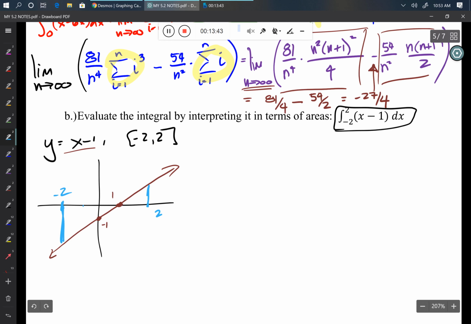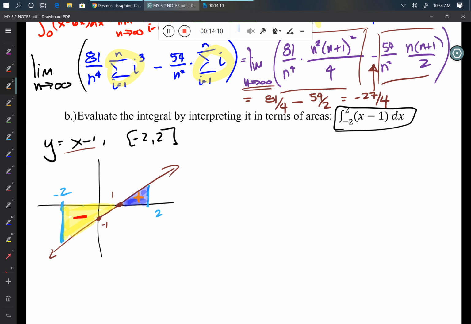And I'm hoping you're seeing the same thing I'm seeing. I'm seeing a triangle over here that is below the x-axis and a triangle over here that is above the x-axis, and it looks like the yellow one, which is going to be our negative area, is bigger than the blue one, which is going to be our positive area.